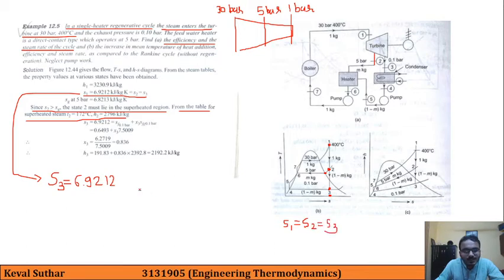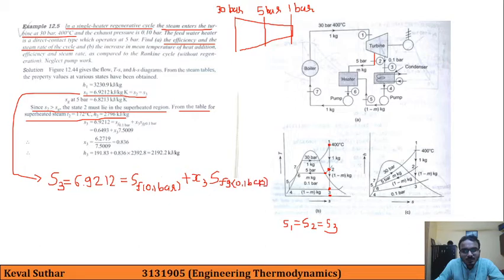So we have utilized this, and here we can say that S3 equals SF at 0.1 bar plus X3 SFG at 0.1 bar.